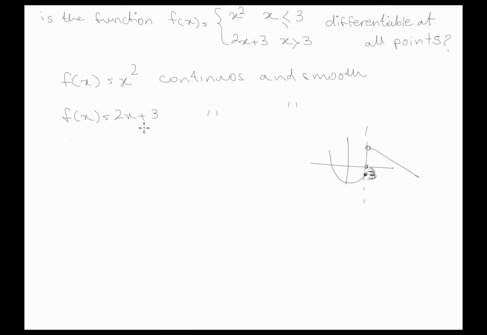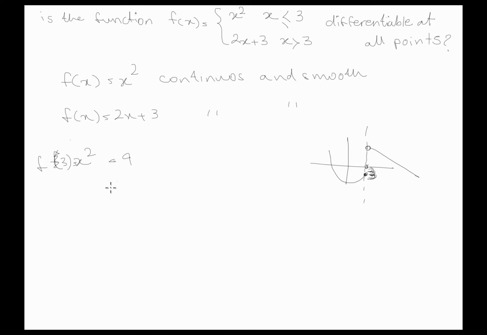So the first thing I need to know is if these two functions, x squared and 2x plus 3, are actually going to start from the same point. So to do that, I say, okay, what's my f of 3? If I'm just looking at my x squared, and instead of x, I put in 3, what am I going to get?